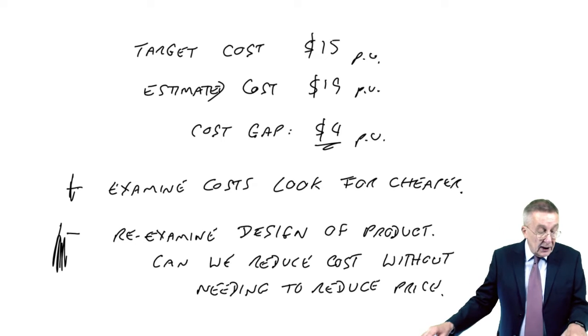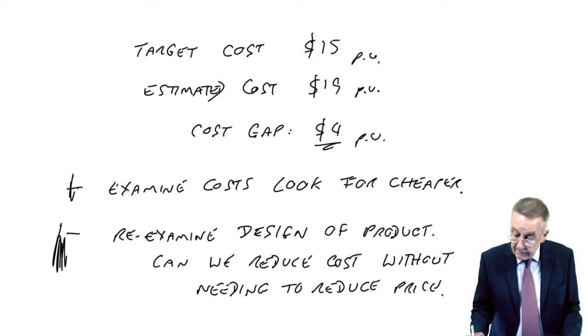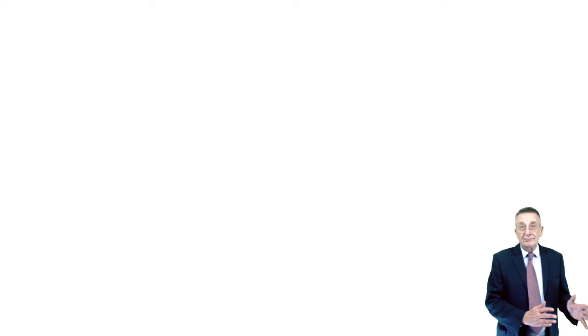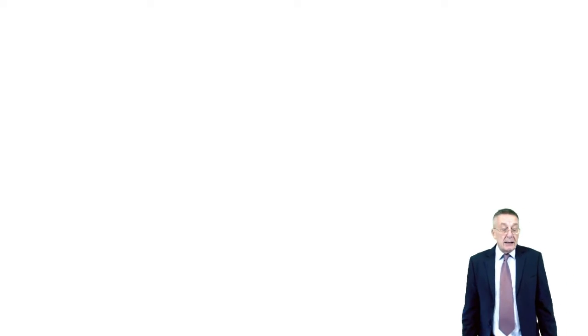Now finally, if you're still on the last page of the chapter in the notes, it says target costing in service industries. More commonly, target costing is used when you're producing a product. But plenty of industries don't produce anything. A service industry, like a dentist, doesn't make anything but provides a service.